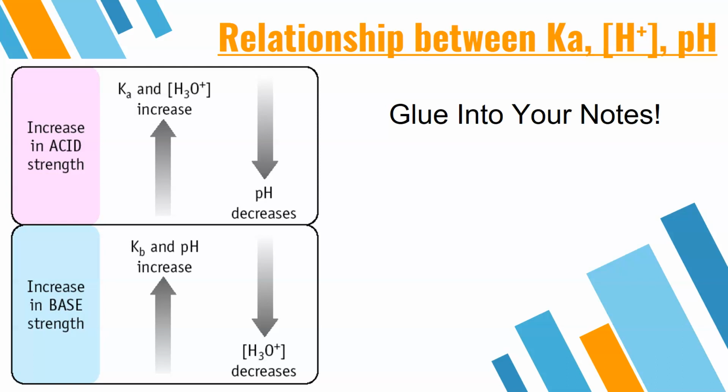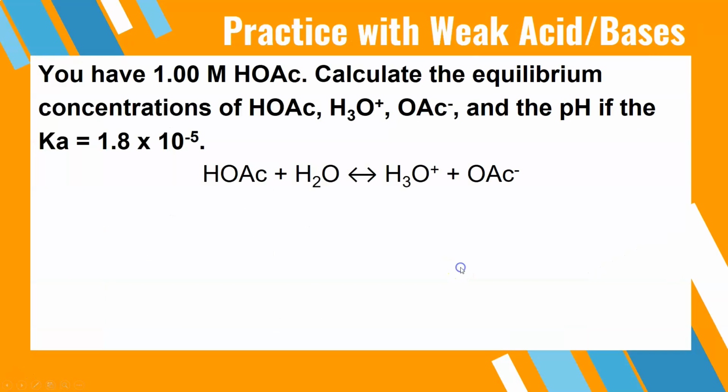All right, let's do a calculation with these weak acid-base problems. So we have 1 molar of our acid. Calculate the equilibrium concentrations of all these pieces and the pH if the Ka is 1.8 times 10 to the minus 5.